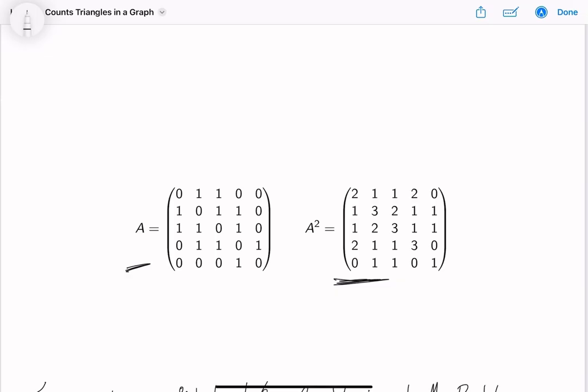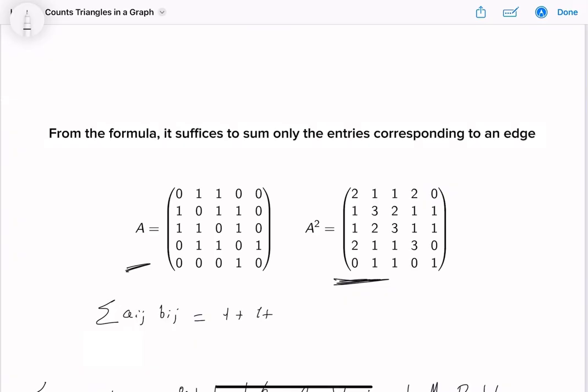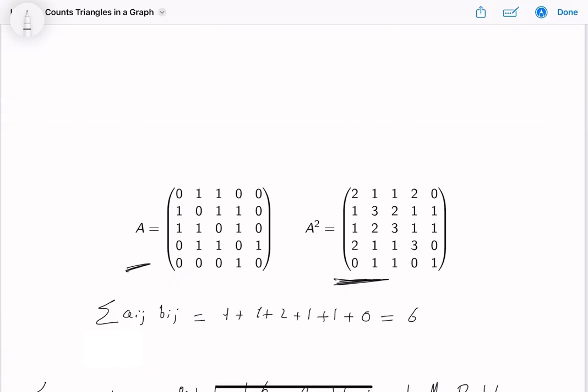Then the observation is that if we go ahead and use the formula, which is the sum of Aij Bij, we see that this is going to be 1 plus 1 plus 2 plus 1 plus 1 plus 0. And this is exactly 6, and thus if we divide by 3, this is exactly 2, which is the number of triangles that we observed.